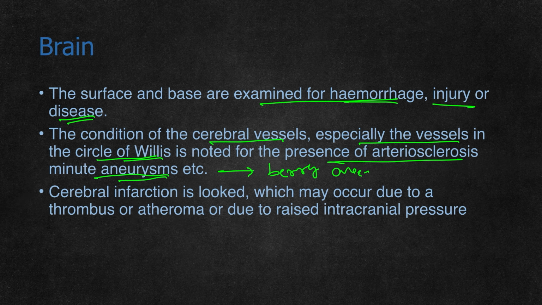Sometimes aneurysms may be ruptured, which can be examined by washing and palpating the vessels. Cerebral infarctions are looked for, which may occur due to thrombus or atheroma, leading to raised intracranial pressure and death.